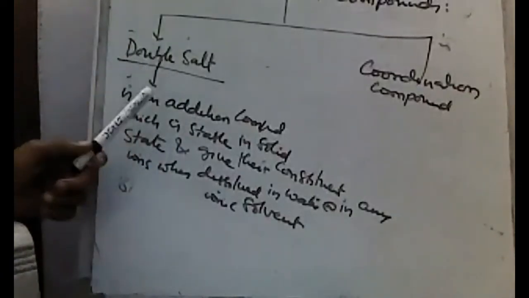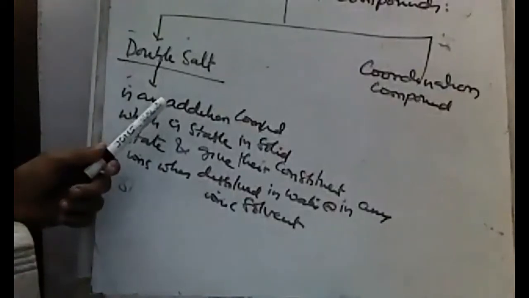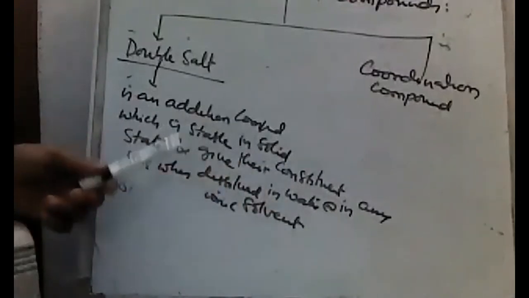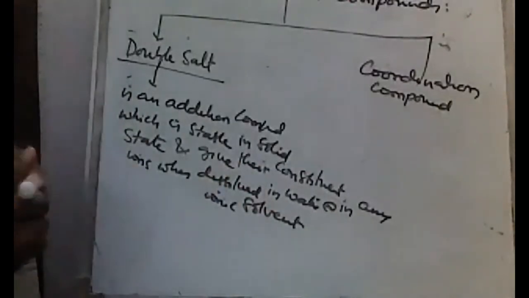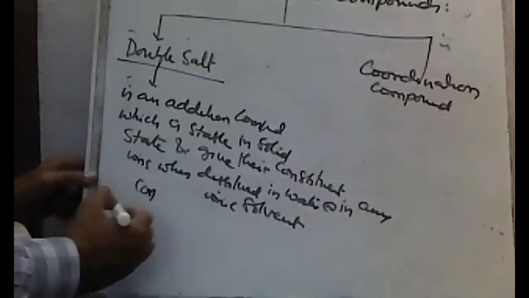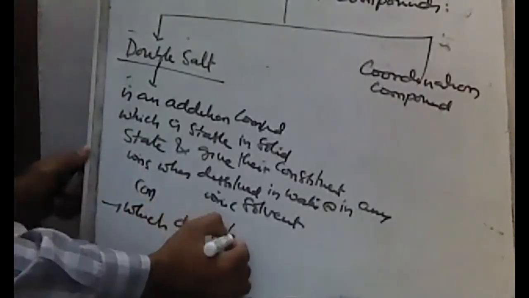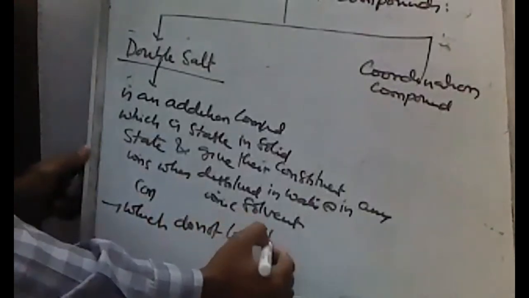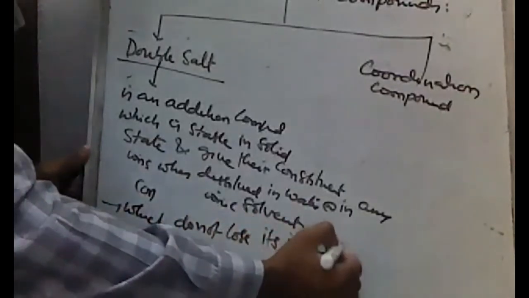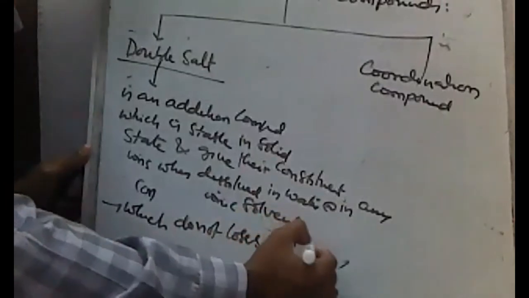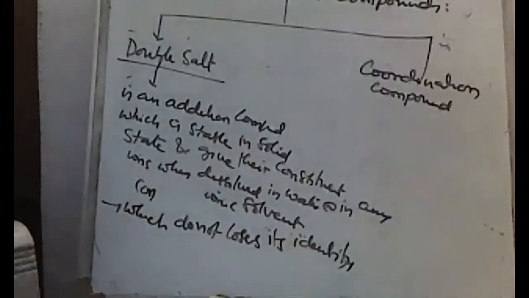Double salts are very stable in solid state but give their constituent ions when dissolved in water. Or, double salt is an addition compound which loses its identity when dissolved in water or in any ionic solvent.